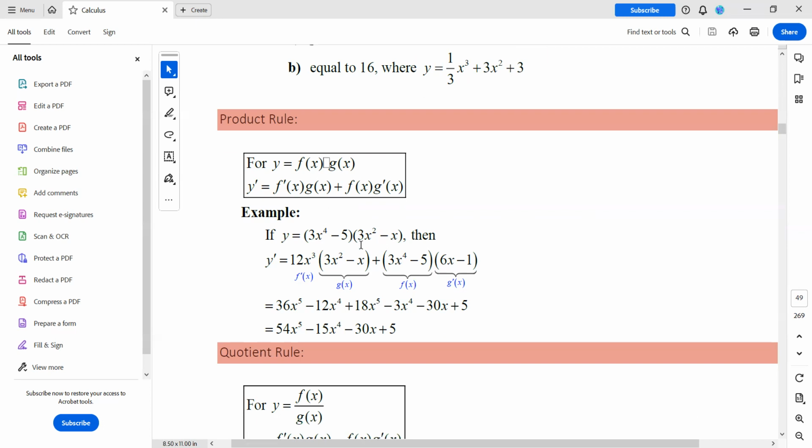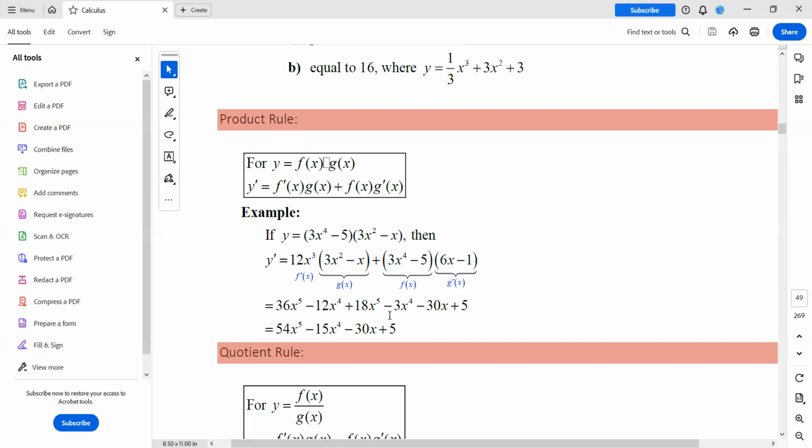When you're done doing that, you multiply 12x cubed into this bracket. So you have 36x raised to power 5 minus 12x raised to power 4 plus 18x raised to power 5 minus 3x raised to power 4 minus 30x plus 5.